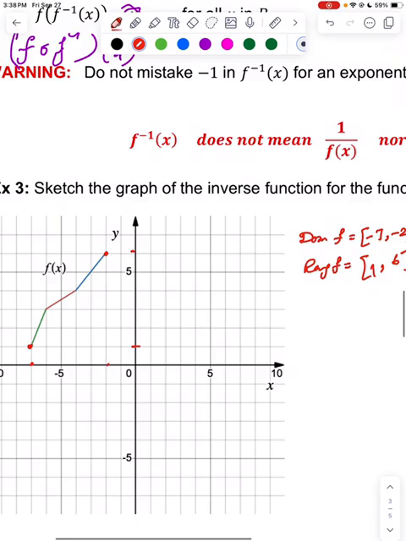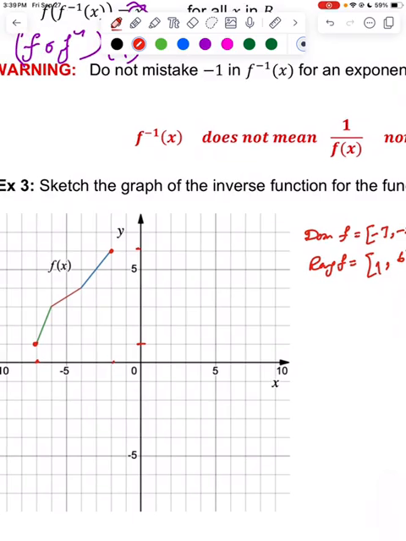This is how you will do it: just mark or write the coordinates of some important or critical points, for example wherever the function is joining, starting or ending. So I note down the coordinates of those points, and if you want, you can name them A, B, C, D.